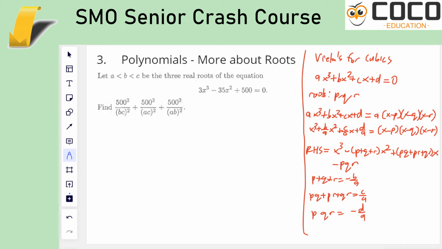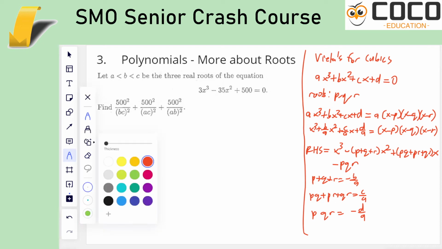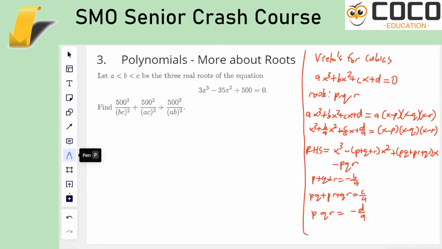So if you want to try remembering this, what I would suggest is to do this. Right? First of all, remember that the sum of roots is always minus b over a, in the sense that a is your leading coefficient and b is your next highest coefficient.